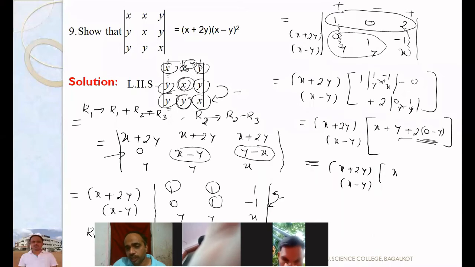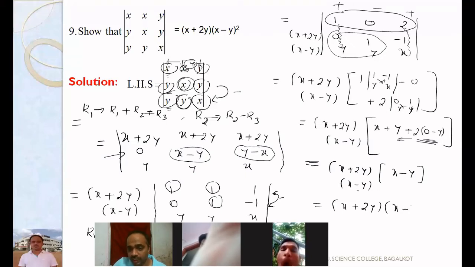So here is plus y. Plus y minus 2y means minus y. So I get x plus 2y into x minus y into x minus y, that is x minus y the whole square. So this is the RHS.